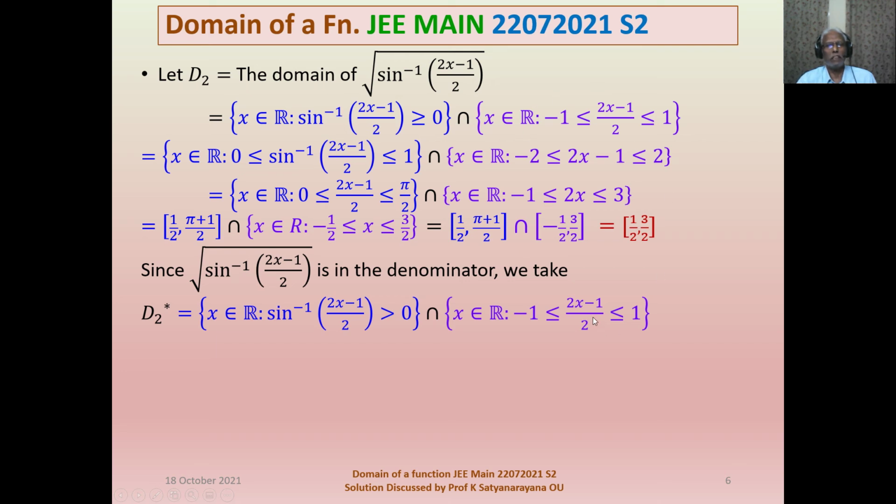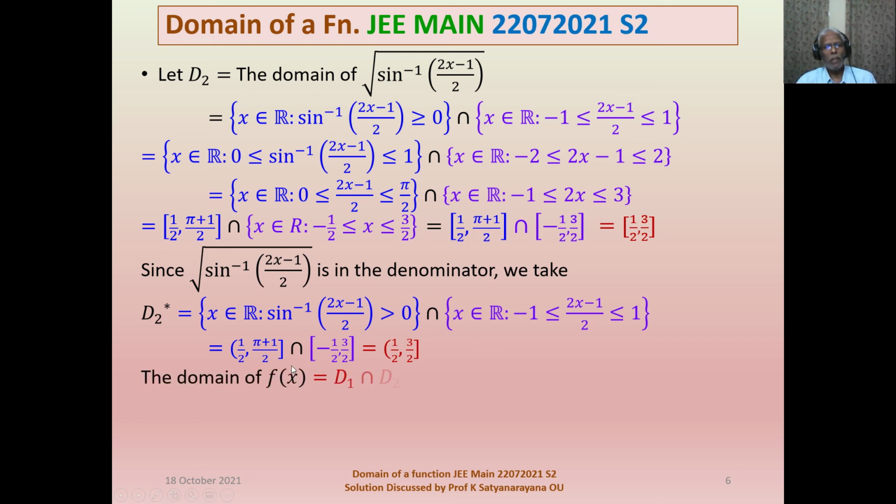Intersection the same set as above, and we will get the same answers, except that the closed and bounded interval will become semi-open, open at 1 by 2 to pi plus 1 by 2 closed. So that is the one. The second is as it is, and you will get the intersection of these two as open at 1 by 2 to 3 by 2 closed. This is the semi-open interval you will get.